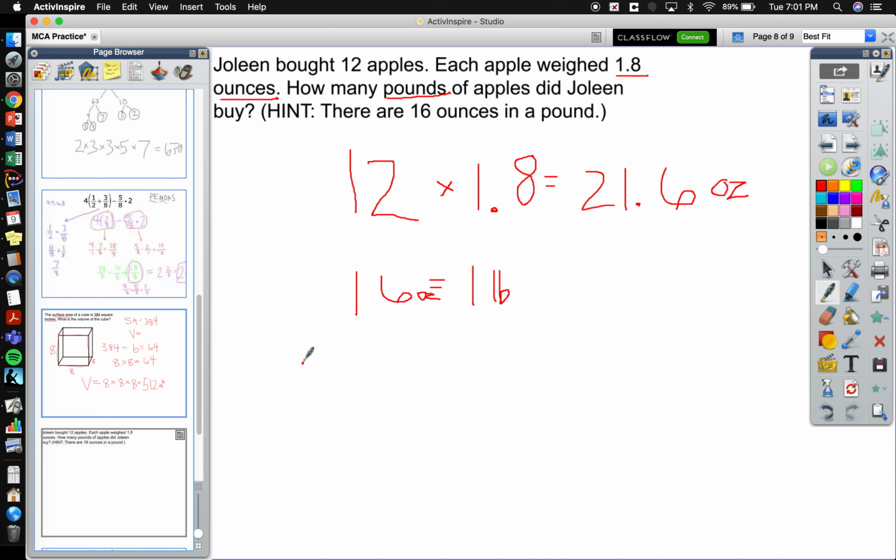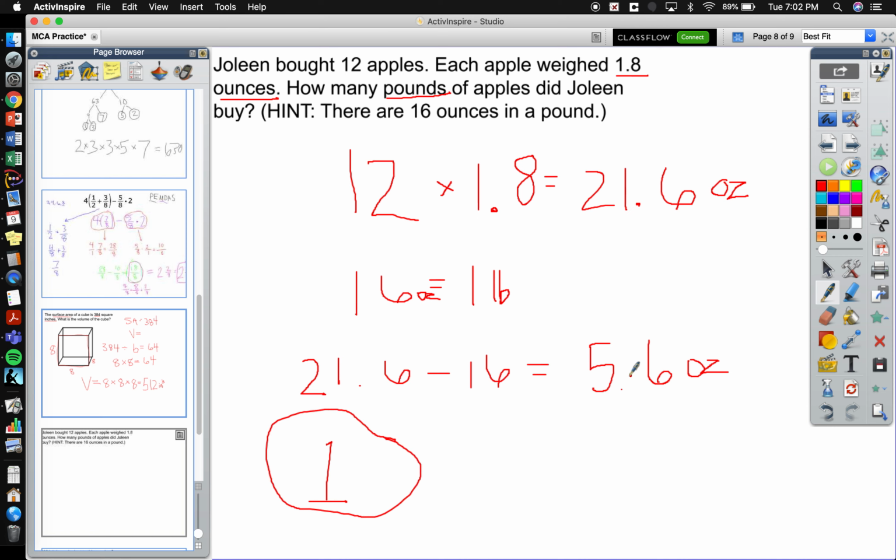So one way we can think about this is, all right, 21.6 minus 16. We know that's 1 pound we have. We can subtract that out, and there is 5.6 ounces left. So you know there's at least 1 pound for sure, and then we have this 5.6 left over. So we need to figure out the decimal that 5.6 ounces is compared to 1 pound.